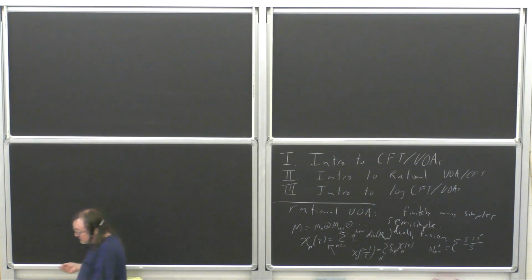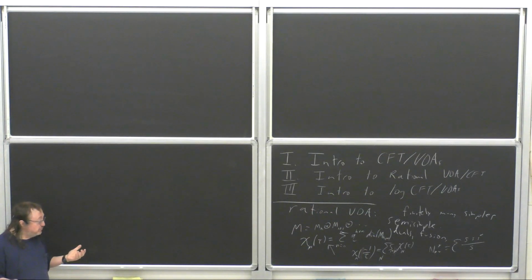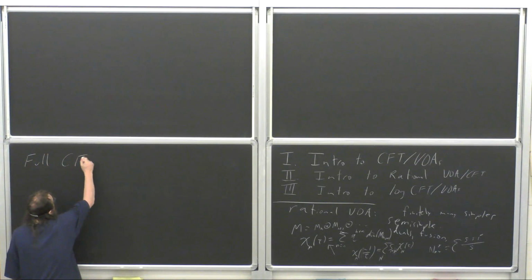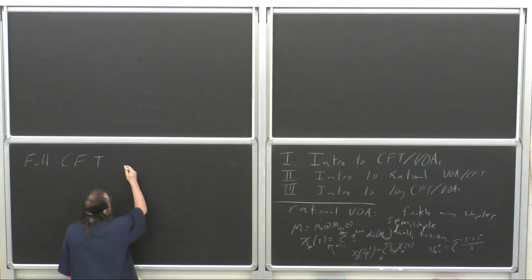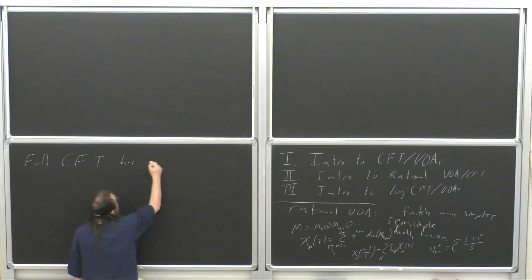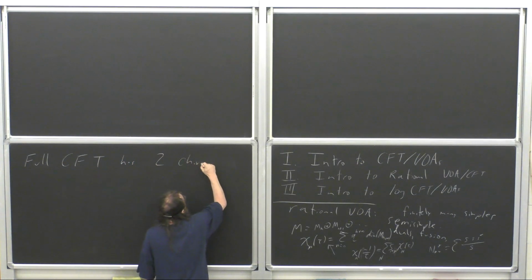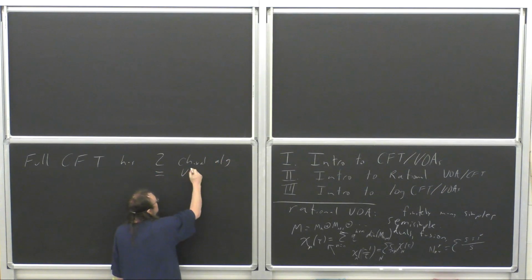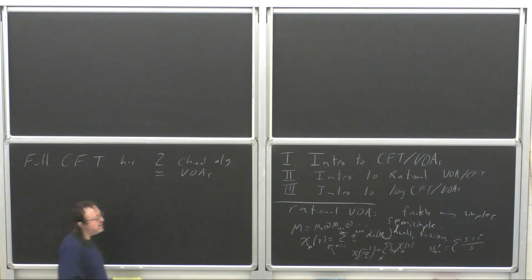And so at some point, you have to combine these two and get back your full CFT. So your full CFT has two chiral pieces, has two chiral algebras, as we already know. And a chiral algebra, our word for it is VOA. So it has two VOAs.